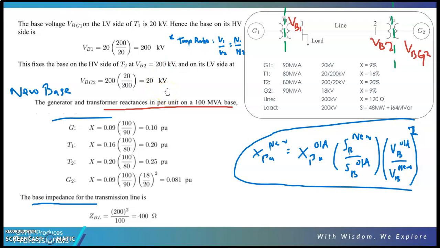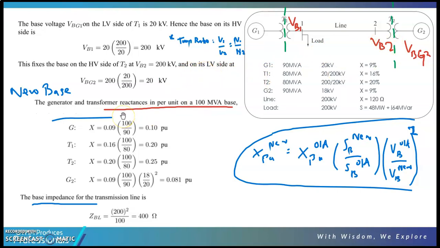This is the base voltage of the system: at the low voltage side of T1, the high voltage side of T2, and the low voltage side of T2. So V base at G2 equals V base of the low voltage side of transformer 2.